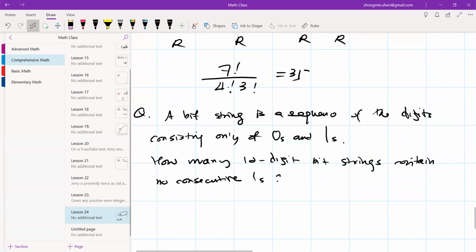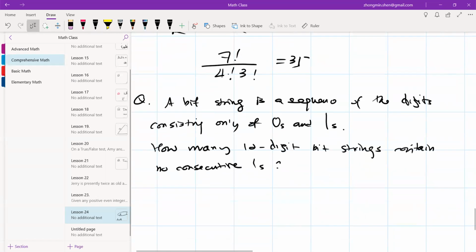All right, let's look at this problem. We're looking for the strings that contain no consecutive ones, but they can contain consecutive zeros, right? Could be 1 0 0, 0 0 0, something like that.